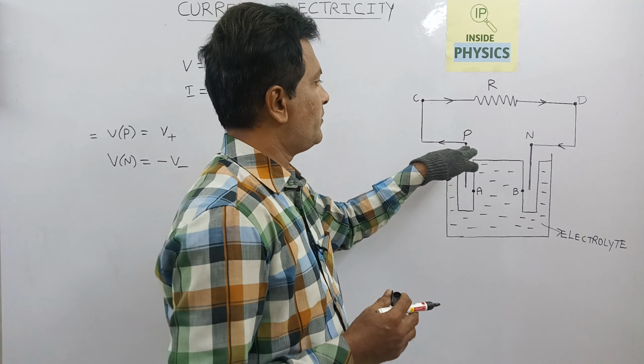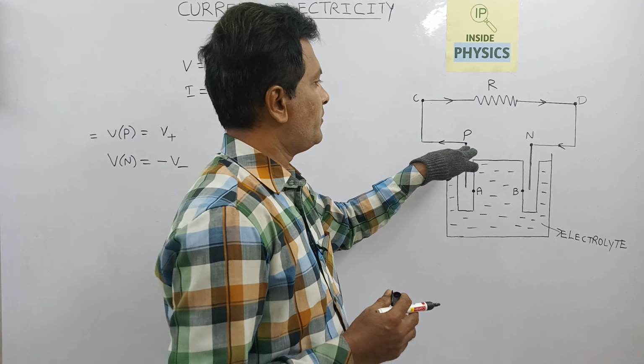Okay. Now this is considered as epsilon, the EMF of the battery, and this is equal to, we already discussed, this V plus is the potential difference between P and A. This V minus is the potential difference between N and B. In this case, we can write this as the potential difference between P and A. A is a point taken near the electrode which is lying in the electrolyte.